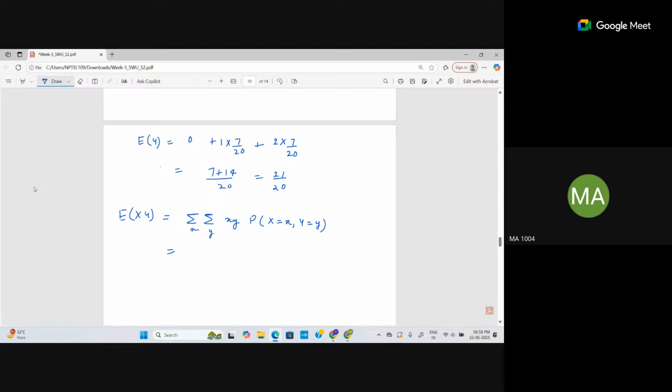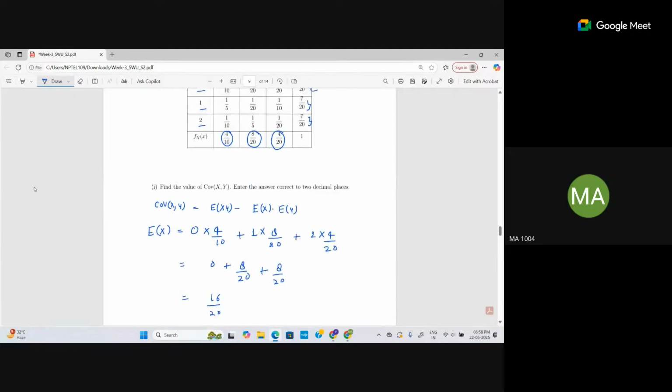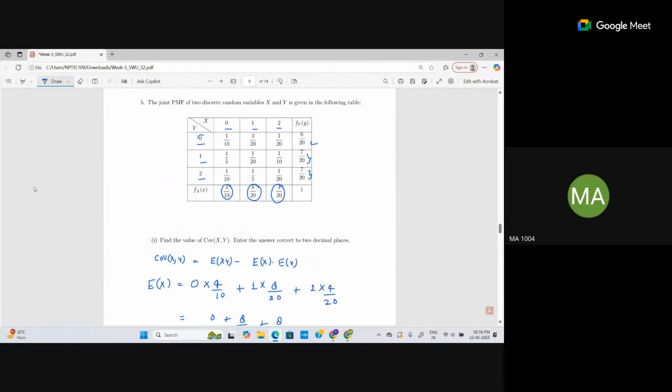Okay, now don't worry about the formula, look at the table. We have to take each pair and the corresponding probability, and just start writing your values and add them.